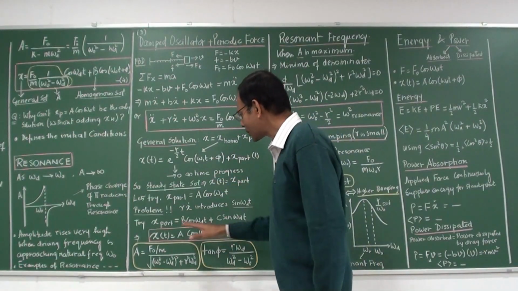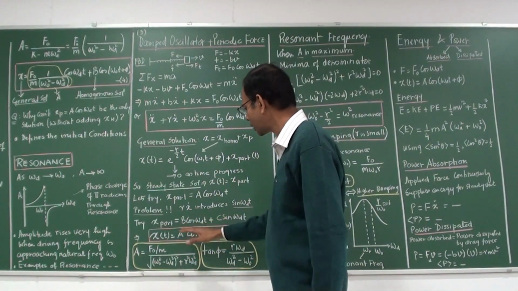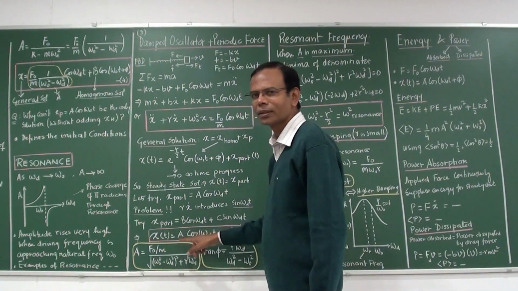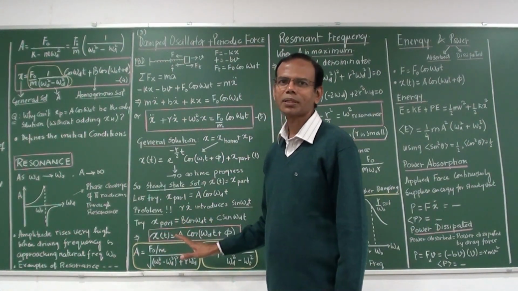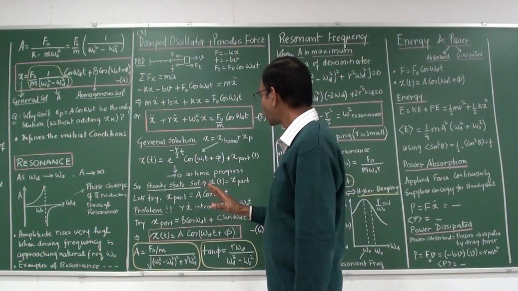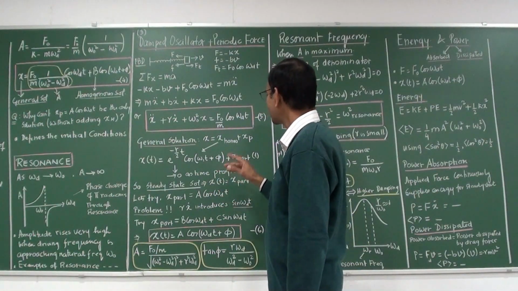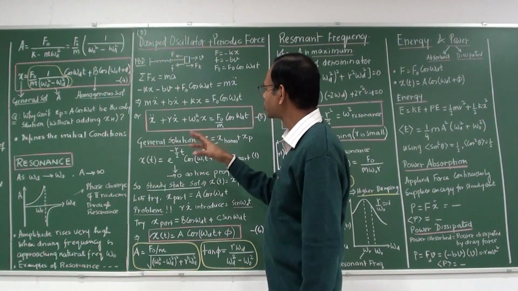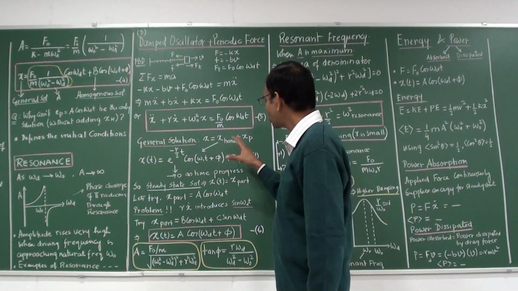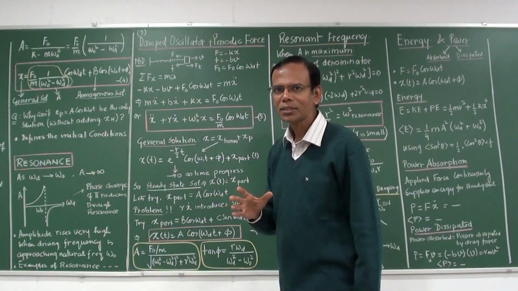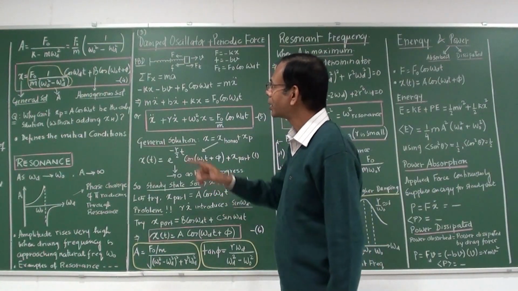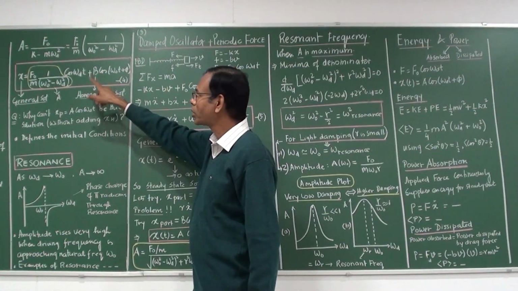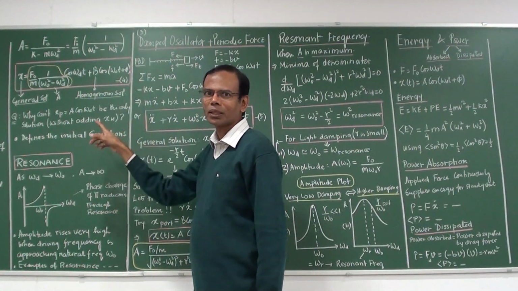And in the steady state solution, when you see this A, it is all fixed. There are no arbitrary constants here. Arbitrary constants you get only when you include the transient terms, so that you can handle the initial conditions. That was there in this equation, because it was including things right from the beginning.